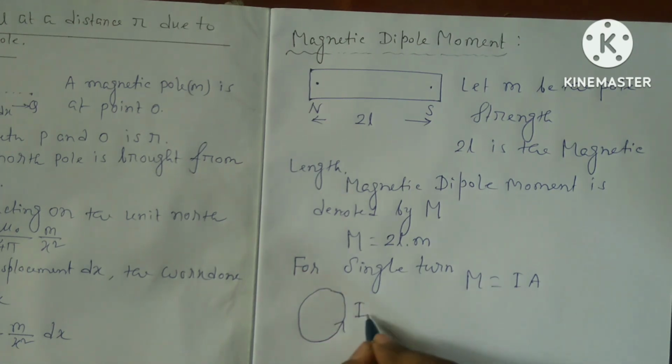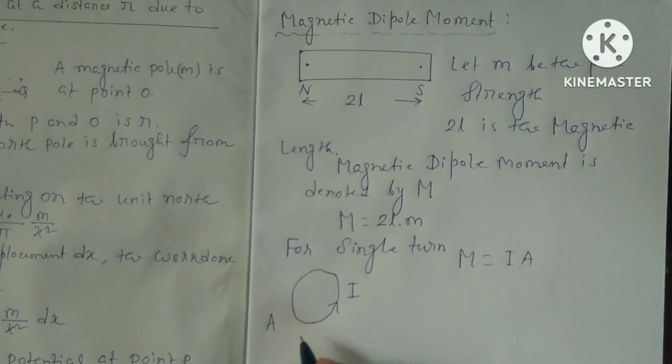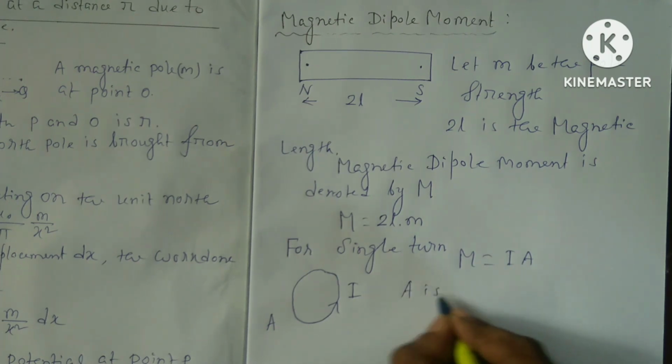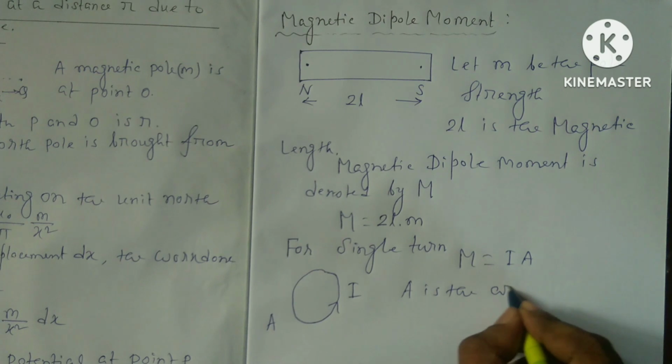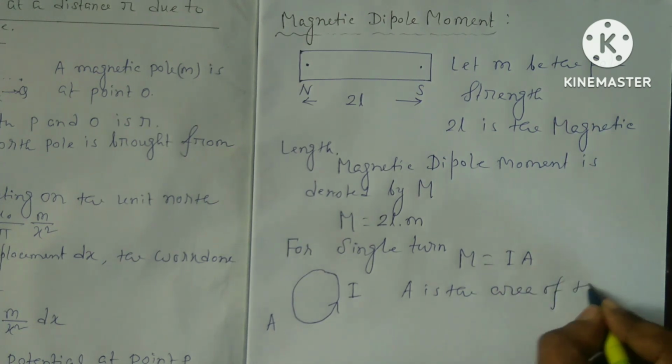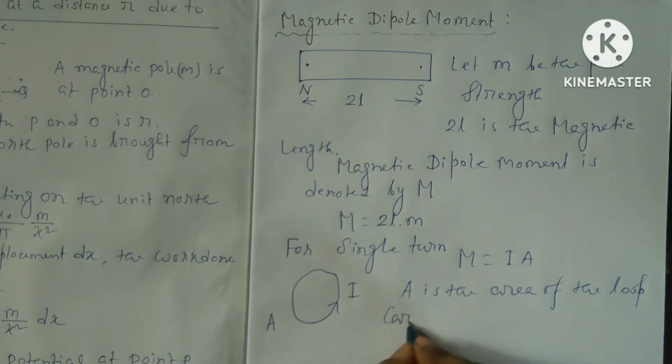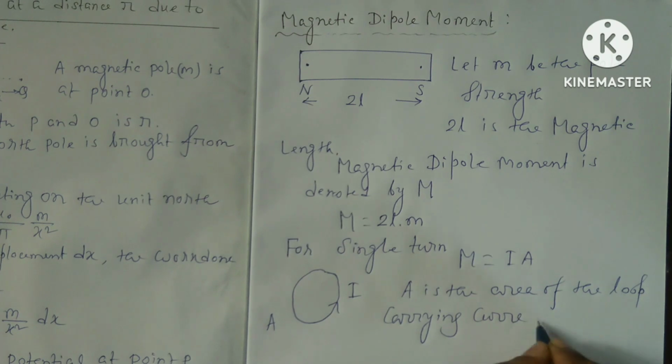So this is current I and area A, where A is the area of the loop carrying current I.